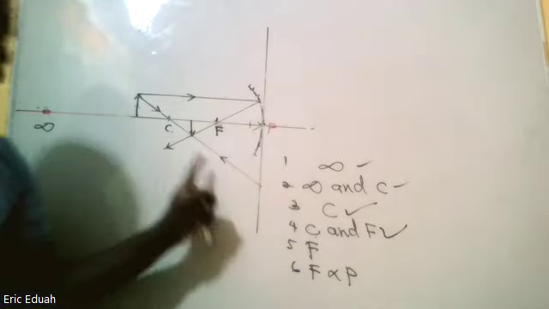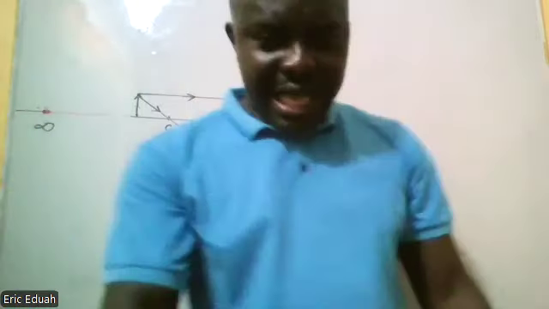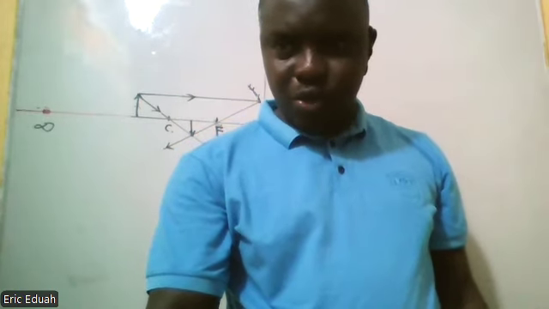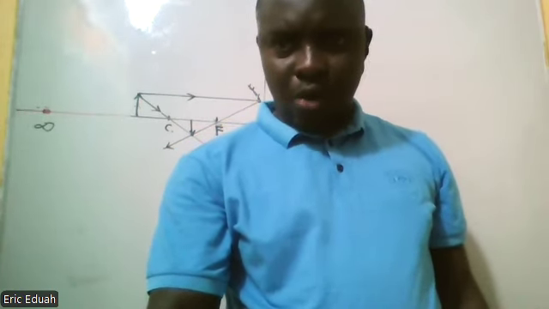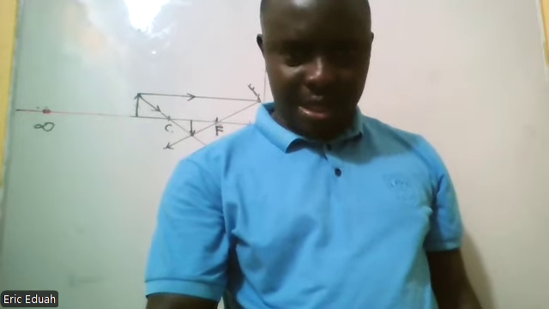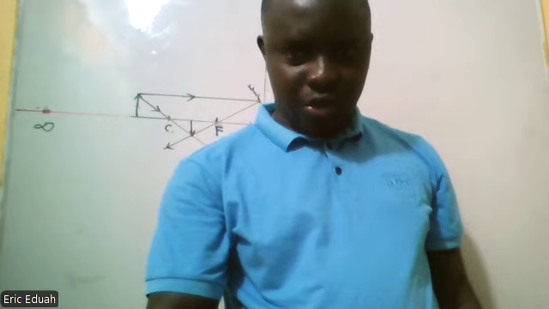Now, object is between F and P. I'll only take one of you to answer, especially those of you who always want to be quiet. Let me bring one of you to the spot to do the talking for me.